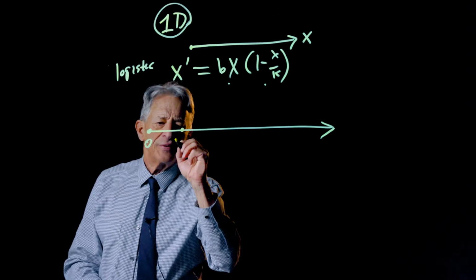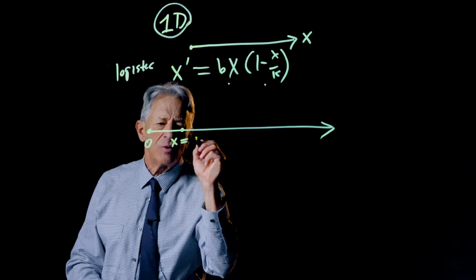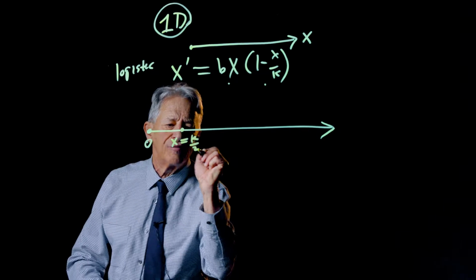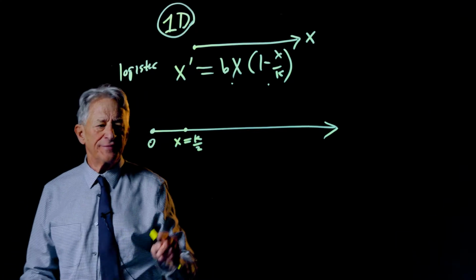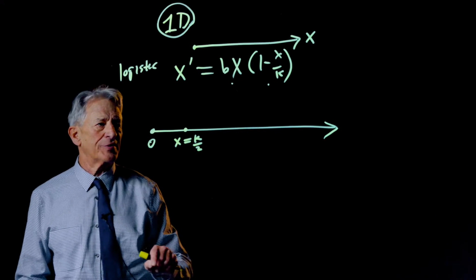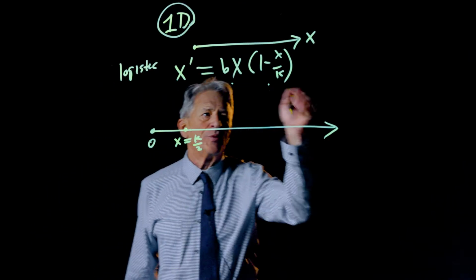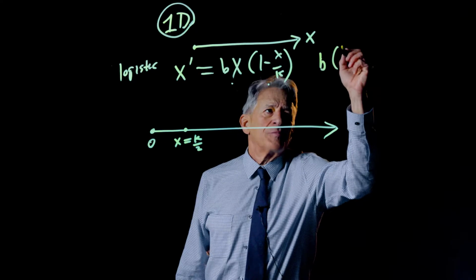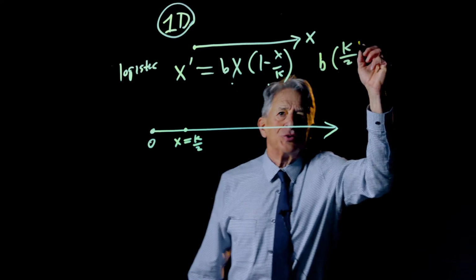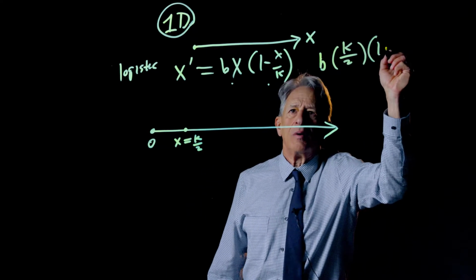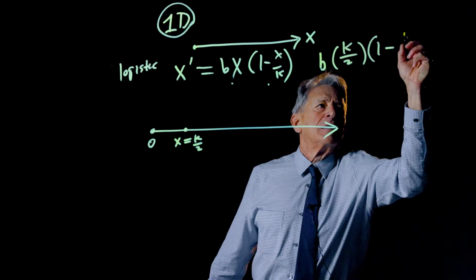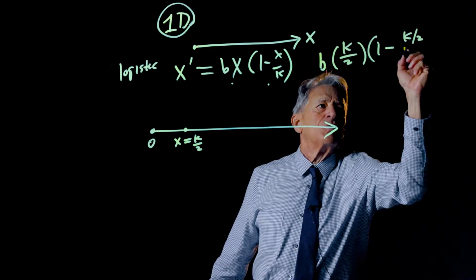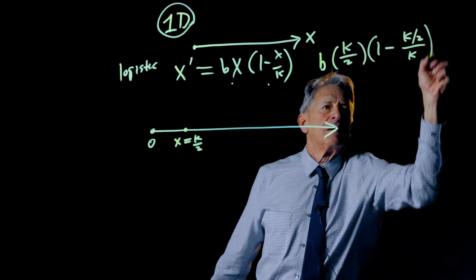And let's say this is x equals k over 2. So let's look at the vector field at the point x equals k over 2. So what is its value? Its value is b times k over 2 times 1 minus k over 2 over k.